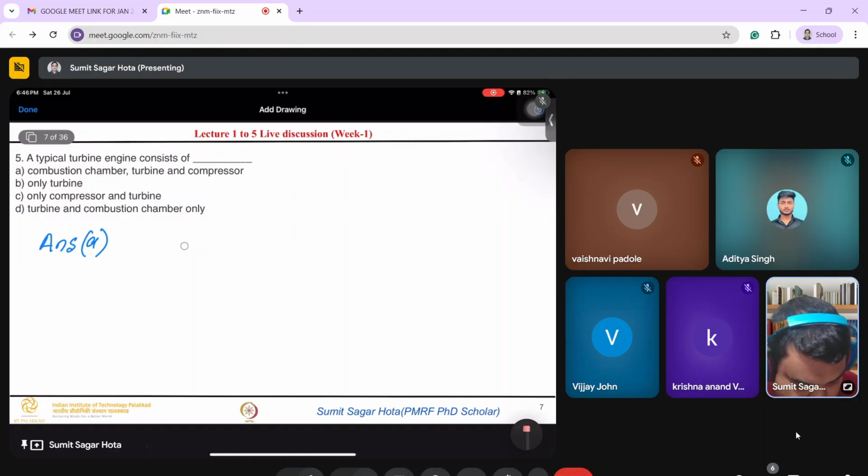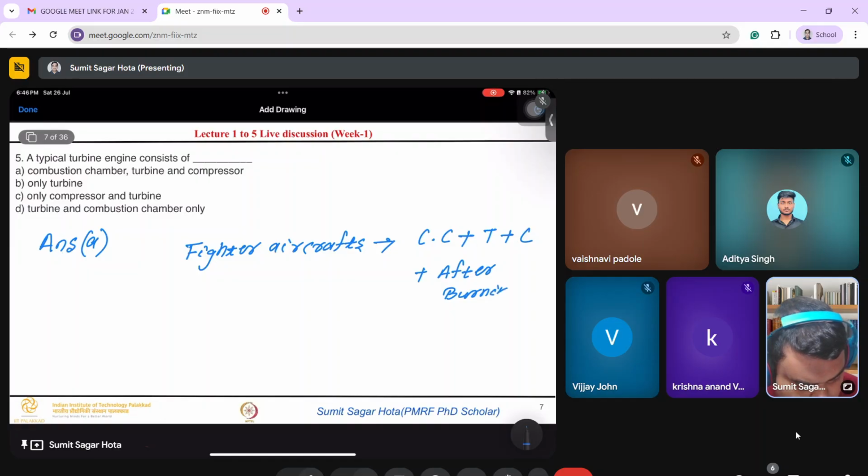So for fighter aircraft: combustion chamber plus turbine plus compressor plus afterburning, which reutilizes the hot product gases and diverts them again to the combustion chamber to increase the combustion efficiency.